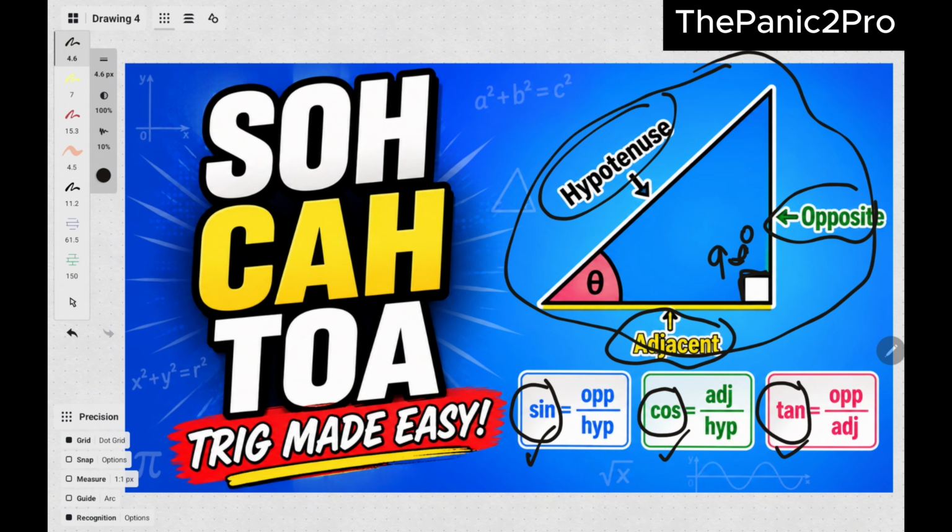In a detailed numerical example, I will walk you through what exactly they are, how it's easier for us to remember these formulas, and how we can use them to figure out some unknown parameters in a triangle. Just bear with me. In the next slide I'm going to show you a couple of examples.